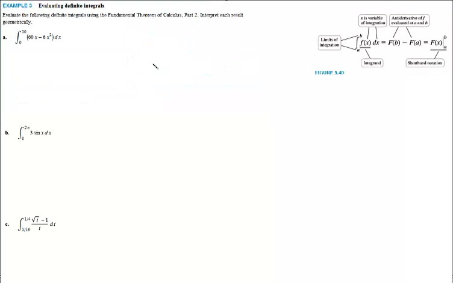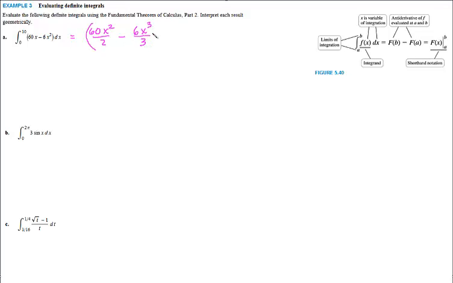This is going to be some skill and drill on the fundamental theorem of calculus part 2. We're going to just be doing some computation. So I'll take the antiderivative here of 60x, that would be 60x squared over 2 using the rules that we learned in the previous section, minus 6x cubed over 3.